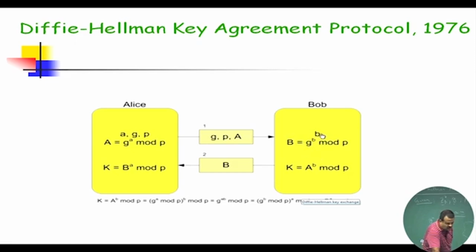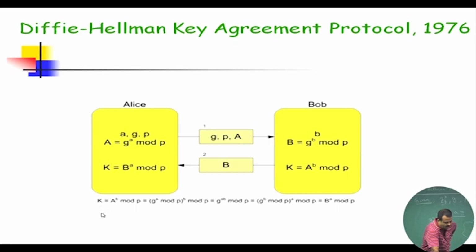Then Bob is choosing a secret B. So, this B is the secret with Bob, and A is the secret with Alice. They are computing G to the power A and G to the power B, and sending these.